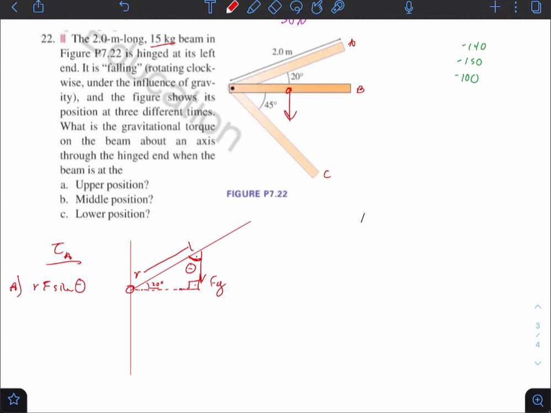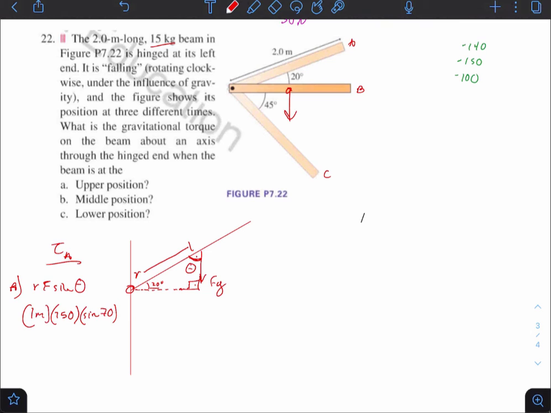So for A, it's going to be, well, 1 meter is the radial arm because half of 2 is the halfway point of the board. The force is always, for all 3 of them, the weight of the board, which isn't changing, so it's always going to be 15 times 10 or 150 newtons. And sine of 70 degrees for this first one. That's all that's going to change for any of these.